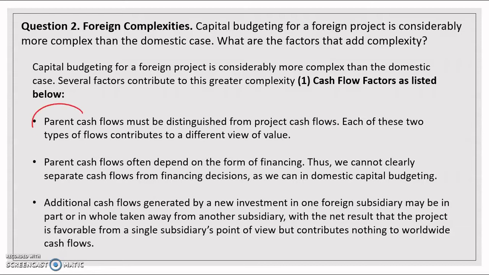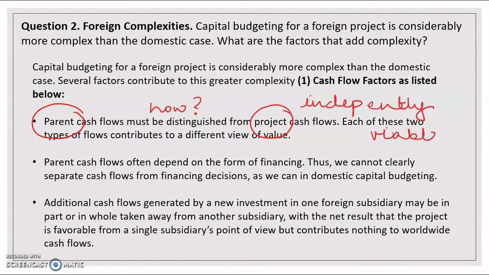It is very important to understand how to distinguish them, because whatever the project is making has to be looked at independently, right? In terms of whether the project is viable or not.